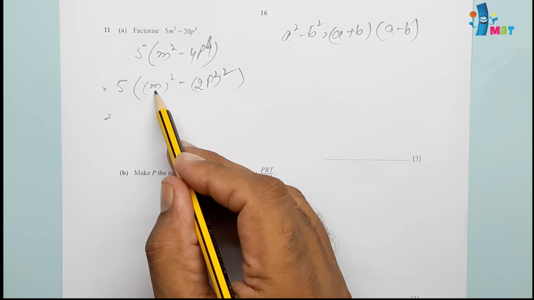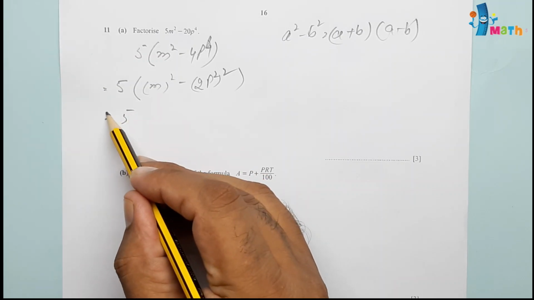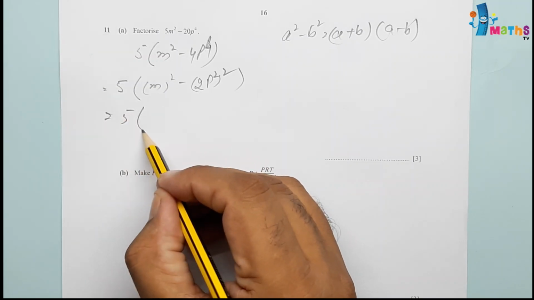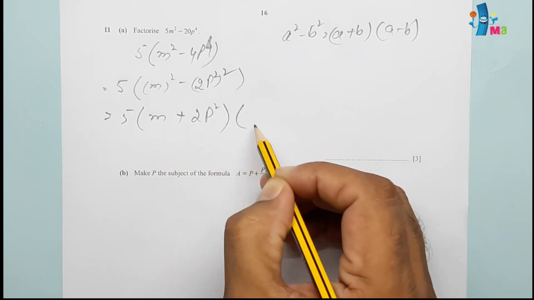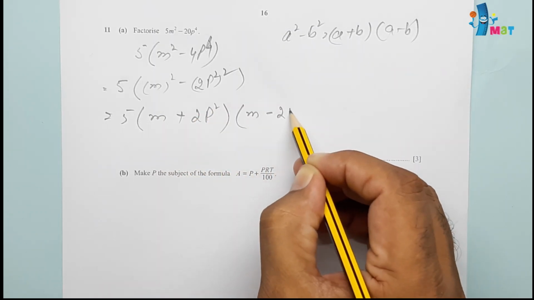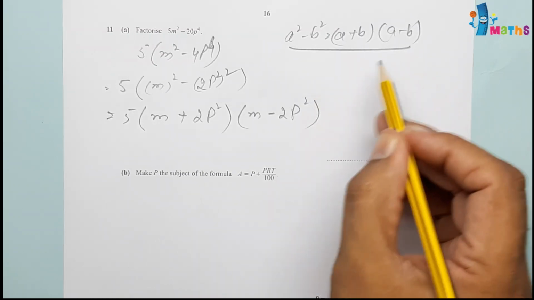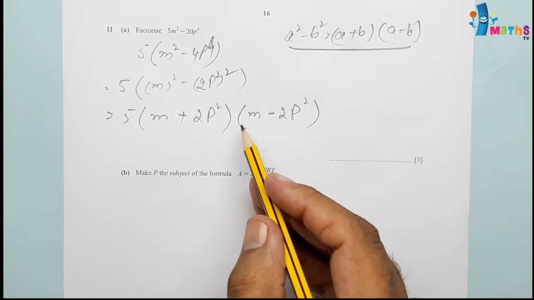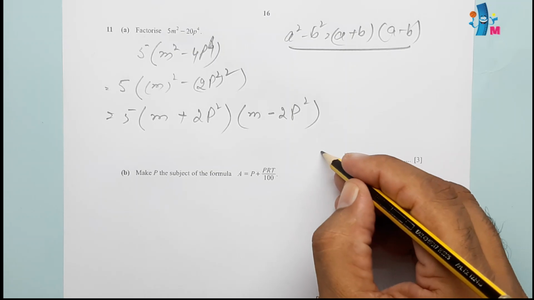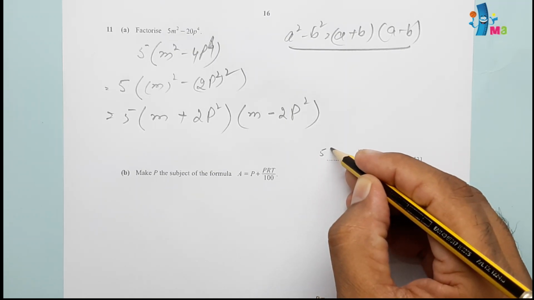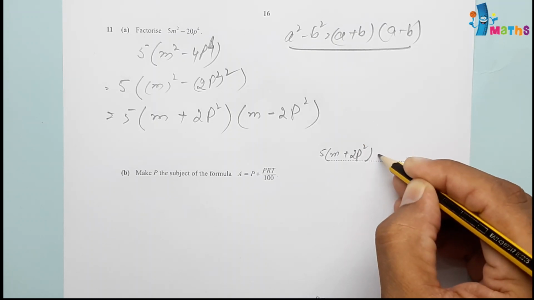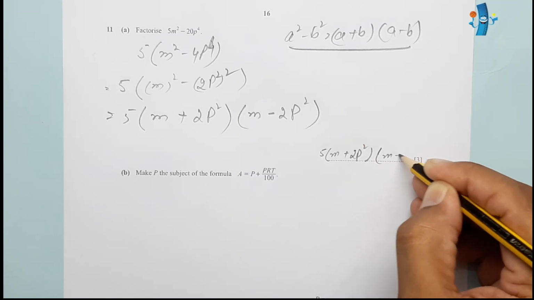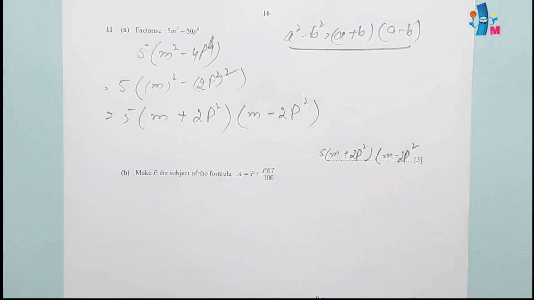So a is m squared and b is 2p squared. By this formula we get m squared plus 2p squared and m squared minus 2p squared. So I have applied this formula, so we get this answer. So we can write over here 5 into m squared plus 2p squared into m squared minus 2p squared.